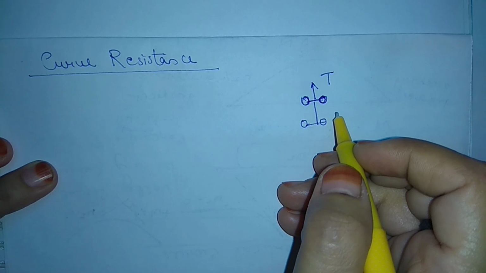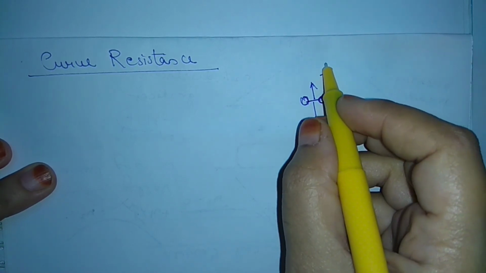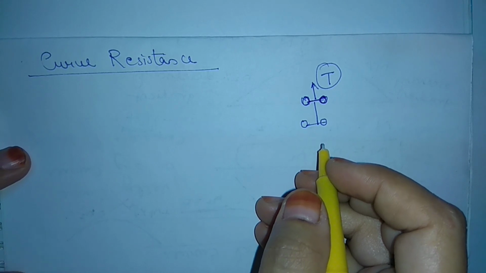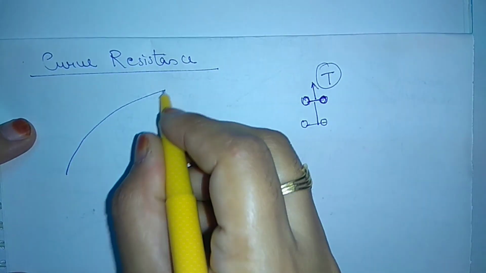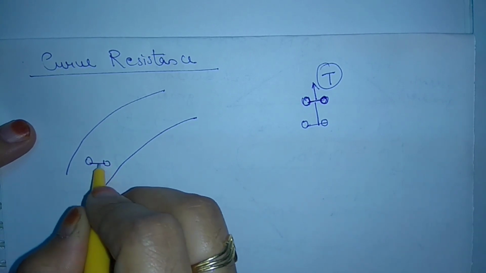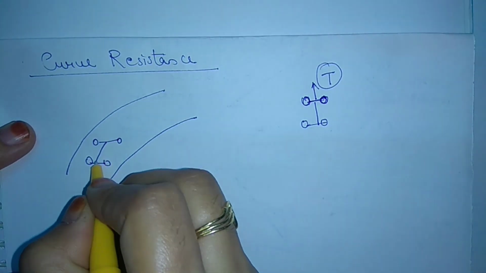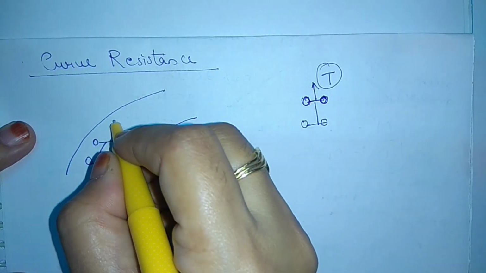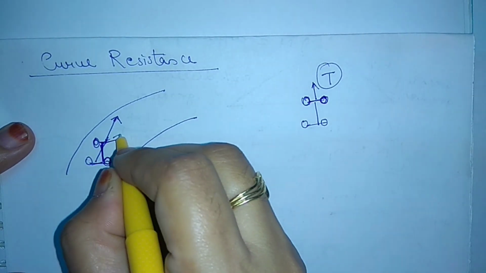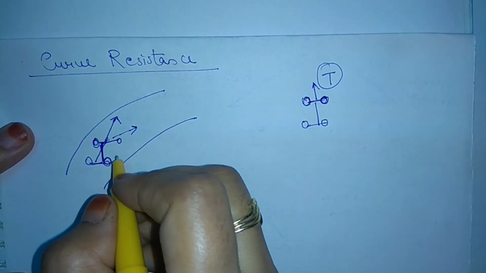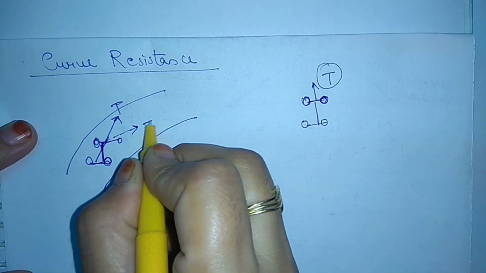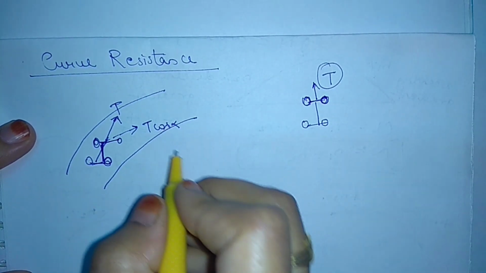But when our vehicle is on horizontal alignment, suppose this is any curve and our vehicle is somewhere here, these are the rear wheels and these are the front wheels, and this is the tractive force, and the vehicle is moving in this direction. So on curves, what happens? This is T and this component is T cos alpha, suppose.